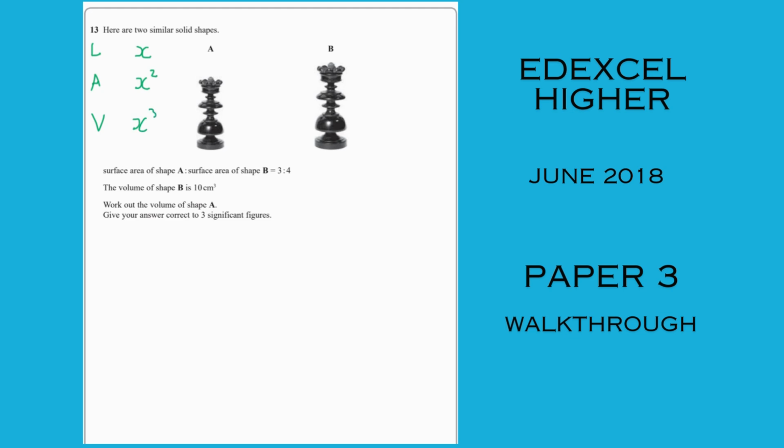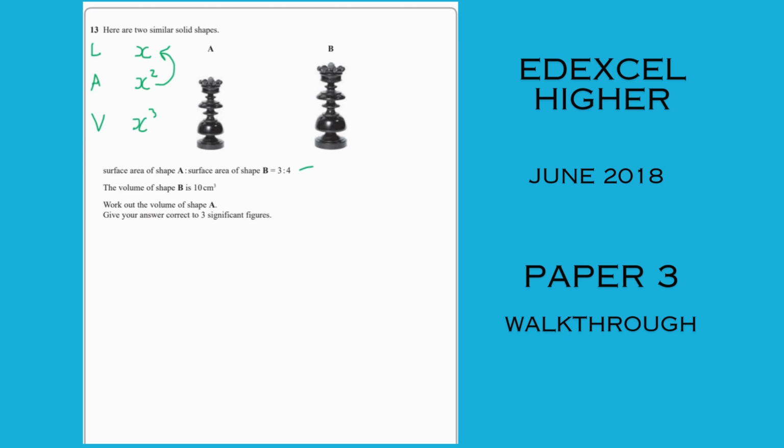So if you know your linear scale factor, you can square it and cube it to find the area and volume scale factors, as long as they are similar shapes. And that works in reverse as well. You can go from area to linear by square rooting. And that's what we need to do here.